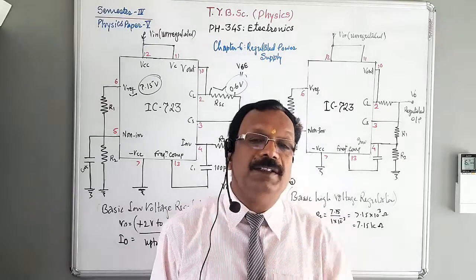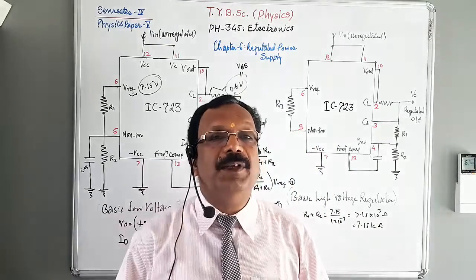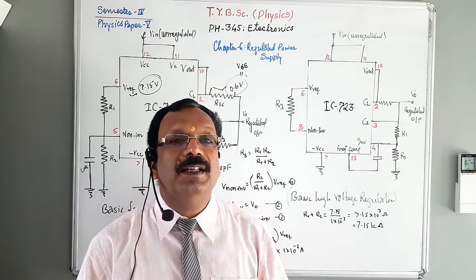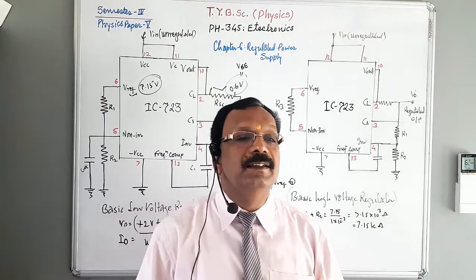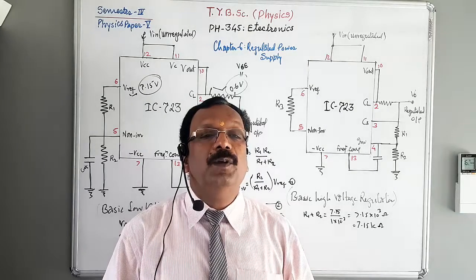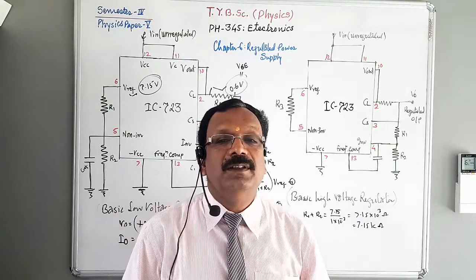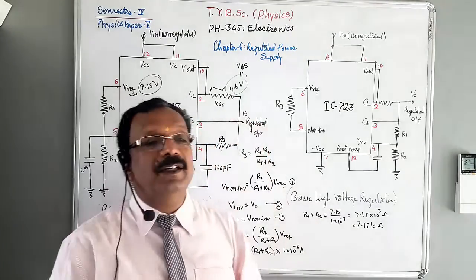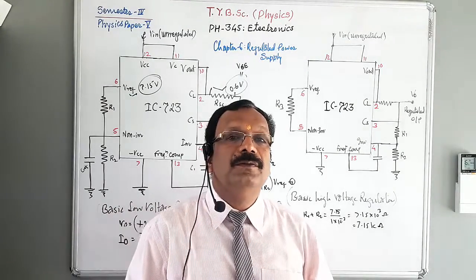So I am going to repeat in short. When current sensing resistor RSC is connected between the current sensing and current limiting terminals of transistor T2, and when load exceeds the desired current limit, then the voltage drop across RSC becomes 0.6 volt, which is the base emitter voltage VBE of transistor T2.